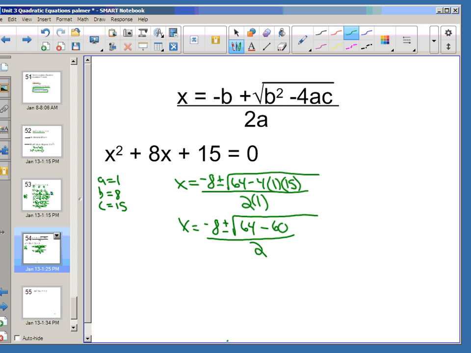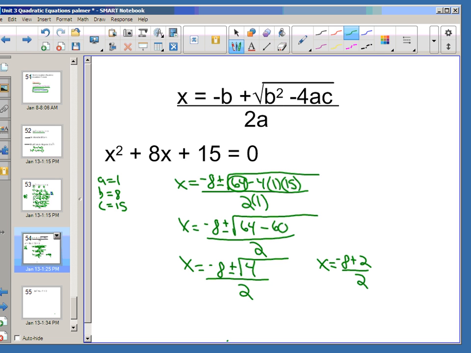A common mistake that students sometimes make, if they square b and b is negative, is they say it's negative 64. This number here should never be a negative number if you're squaring something. So x is equal to negative 8 plus or minus the square root of 64 minus 60, which is 4, all over 2. So x equals negative 8 plus 2 over 2, because the square root of 4 is 2, isn't it?